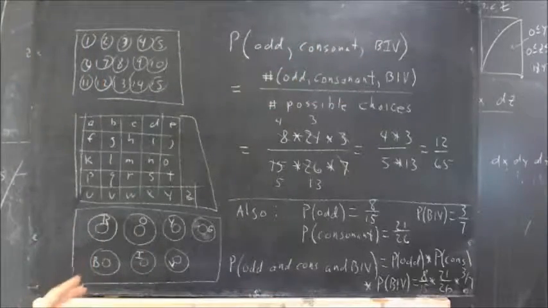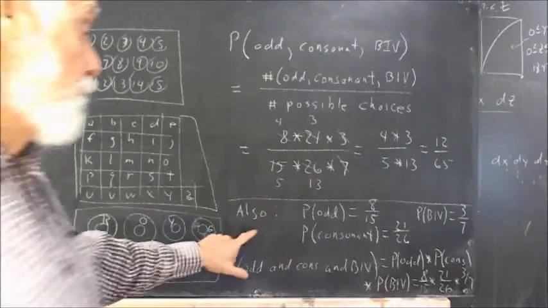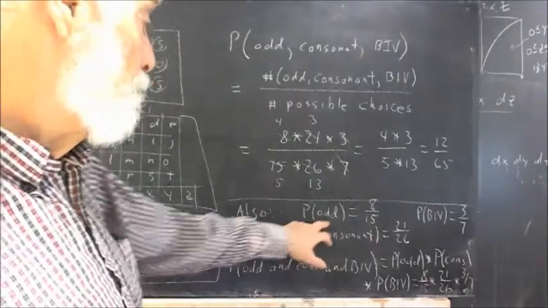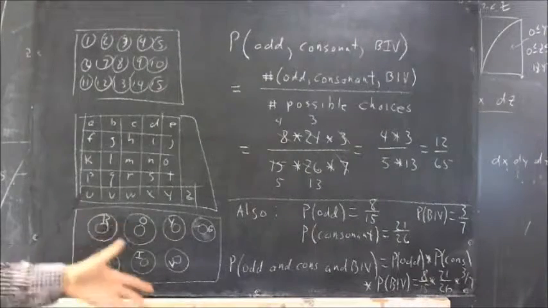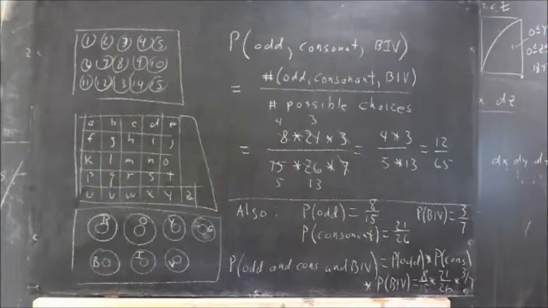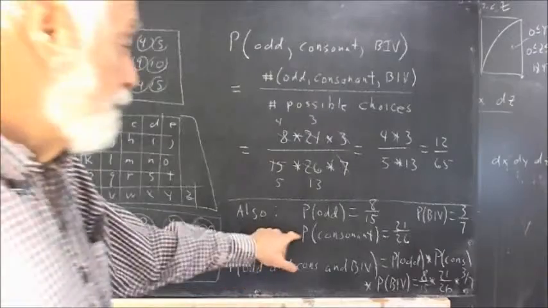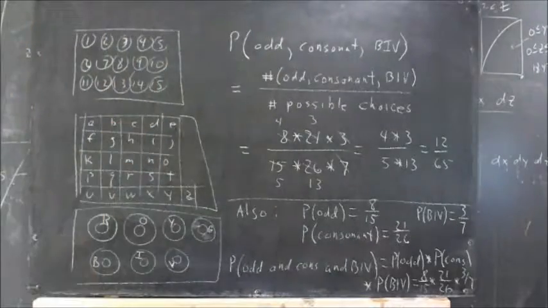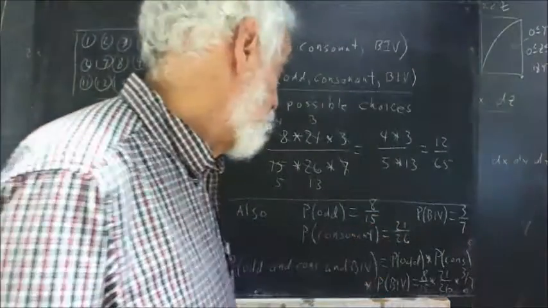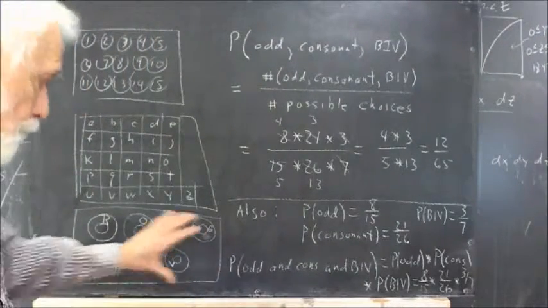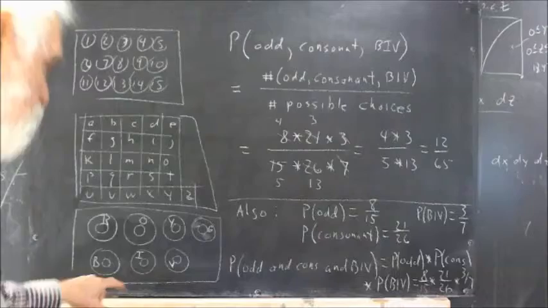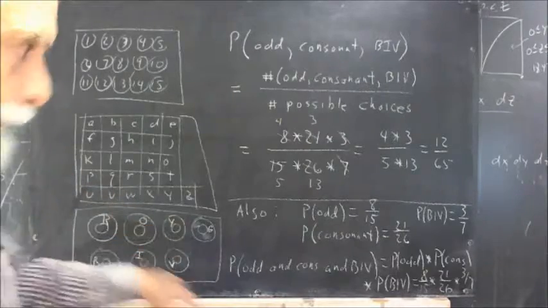Okay, there's another way of looking at this. We could also say, well, the probability of getting an odd when we reach into that first box is 8 out of 15, because there are 8 odd numbers, 15 balls. The probability of getting a consonant when we select from the second box is 21 out of 26, and that's fairly obvious. And the probability of a blue, indigo, violet out of the third, there are 3 blue, indigo, or violet out of 7, so that's 3 sevens.